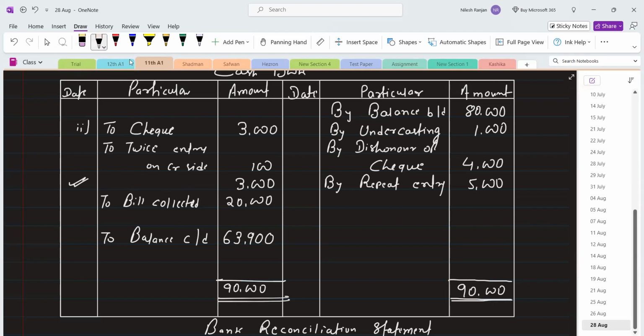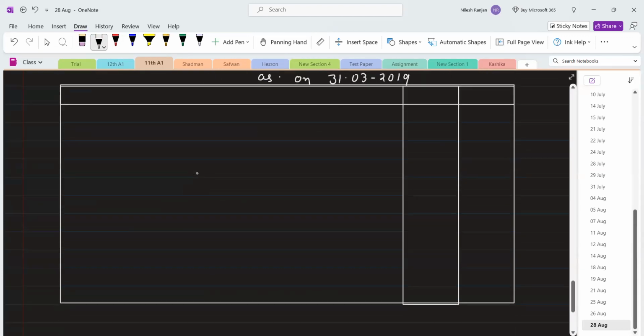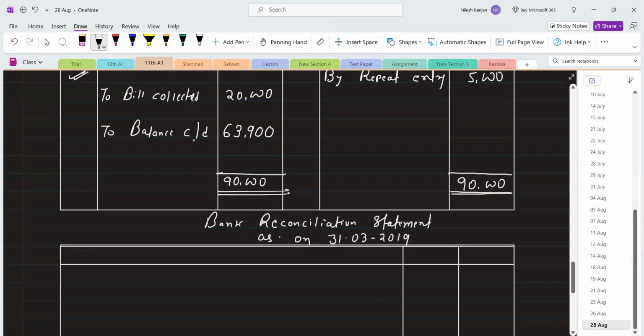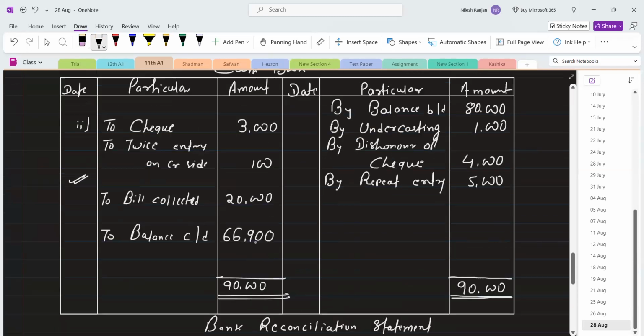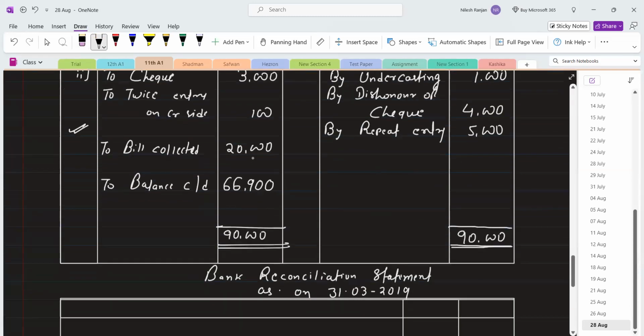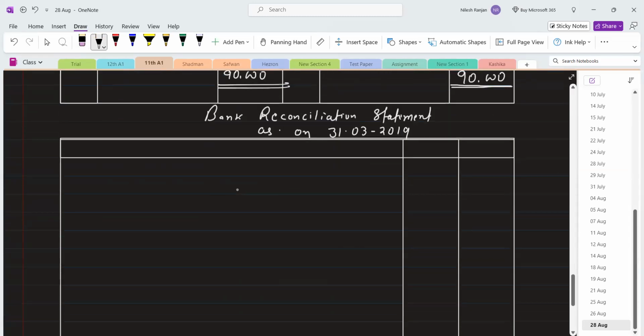So you can write it here or directly write it in the bank reconciliation statement also. Both are correct solutions. You can do either of these two. So it will be 66,900 if I remove 3,000 on the debit side, because now it will increase by 3,000.